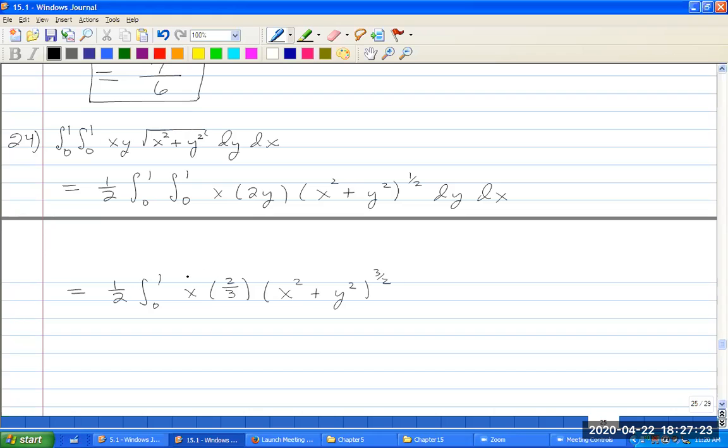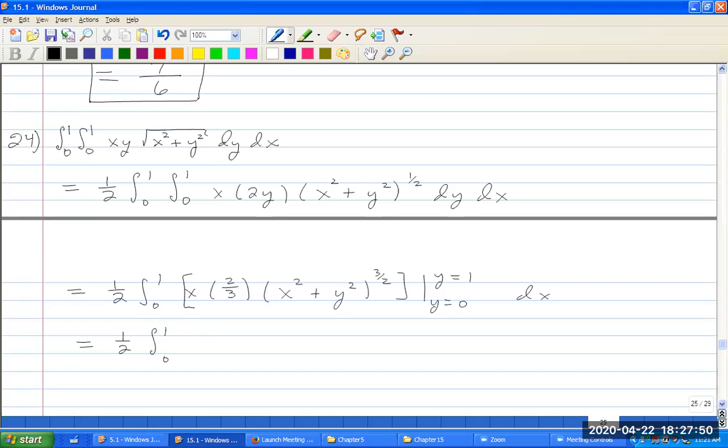And I'm integrating this from y equaling 0, y equaling 1. Okay, so this is equal to 1/2 integral 0 to 1. So I'll plug in 1.